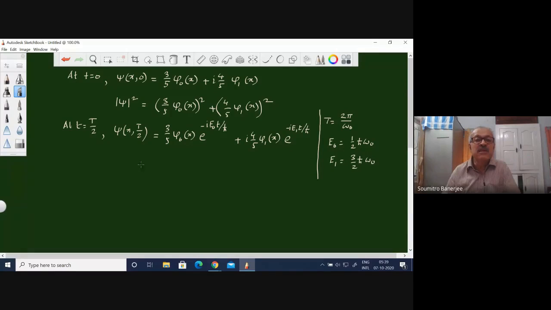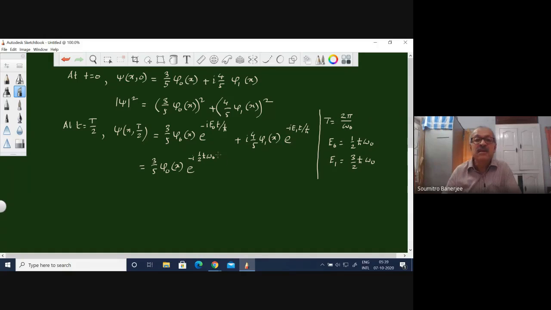So we substitute it here, then you get 3 by 5 psi naught x, and then for E1 you just put here, and for the t, this will be T by 2. So it will be minus e to the power i, E naught is half h cross omega naught, and t is T by 2, and T by 2 is pi by omega naught.